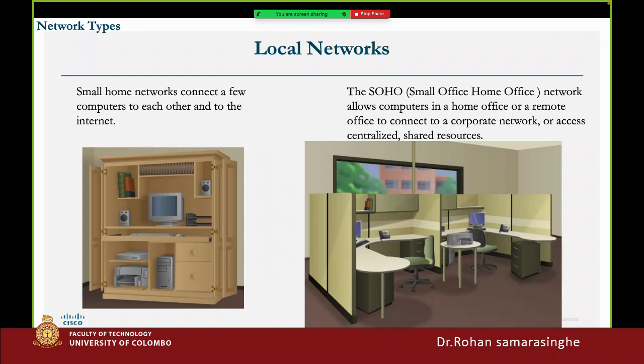You know that sometimes we have to use centralized shared resources, such as file servers, database servers, web servers and mail servers. We can use these centralized as well as shared resources.